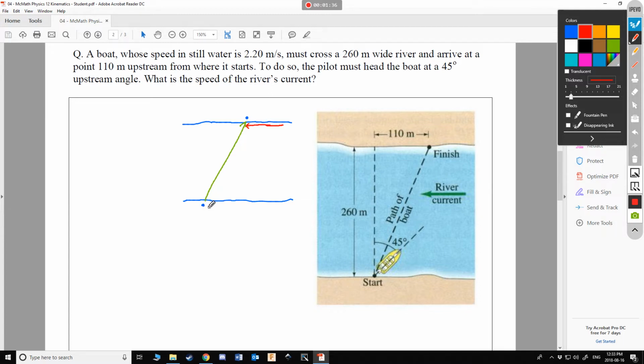So the heading of our boat plus the river must result in this green line. In this question we're also given the angle, 45 degrees, relative to the stream, so I can draw that in right now. This is 45 degrees. Be careful, it's different than just the angle between our green line and red line.